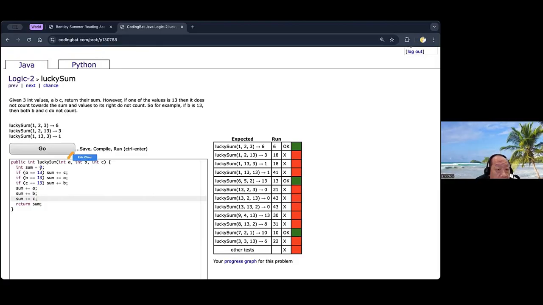So if A is 13, A doesn't count, B and C don't count.